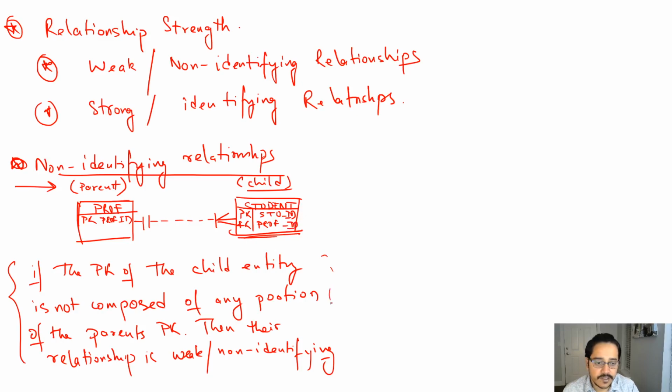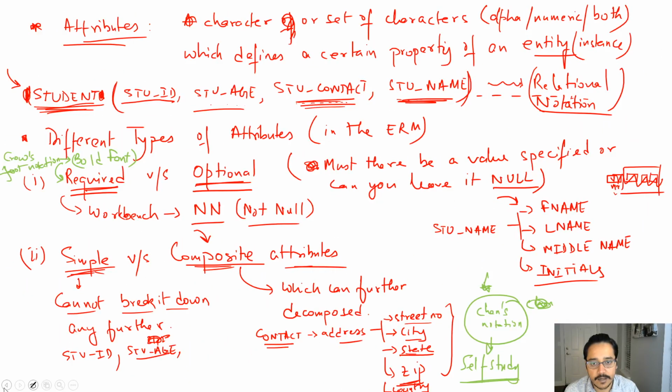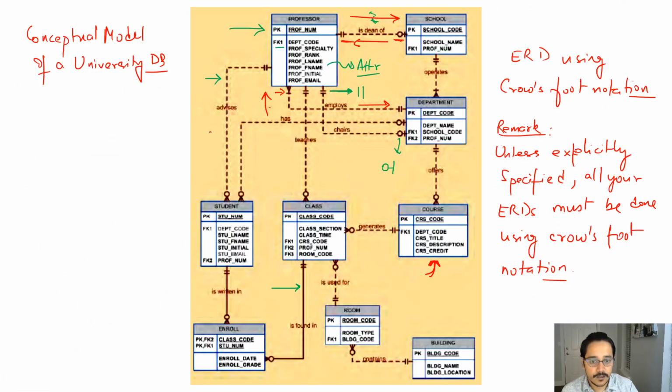So to rephrase this concept, if the primary key of the child is not composed of any portion of the foreign key, then the relationship between the parent and the child is basically a weak non-identifying relationship. Pretty straightforward. Okay. So that is basically the concept of non-identifying relationship. So now if we look back at our diagram, okay, you can see that all the dotted lines, this concept applies. In this relationship, professor advises student.